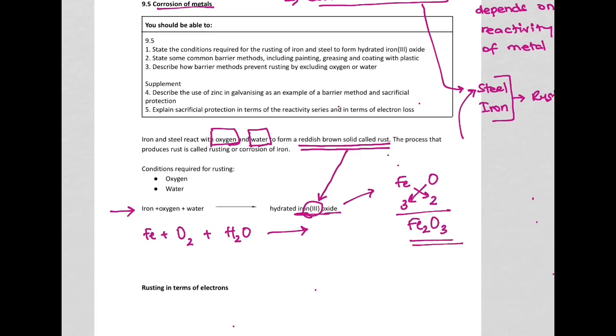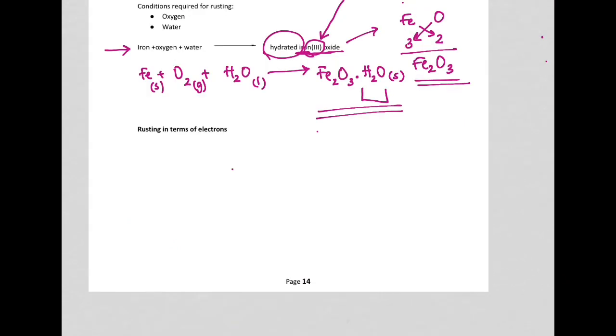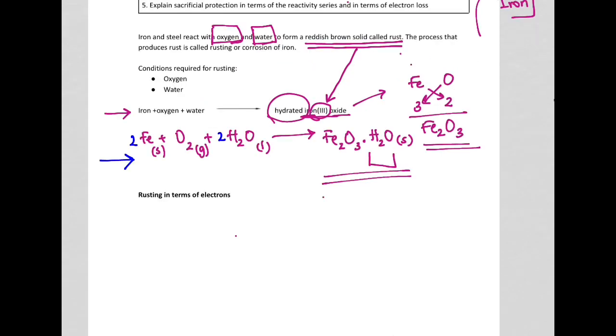This is iron(III) oxide. This is a hydrated salt, so you will have water of crystallization with it. So it is Fe2O3 dot H2O. The dot H2O is the water of crystallization, and this is in the solid state. This is what rust is. Now this equation is not balanced, so it has to be balanced.